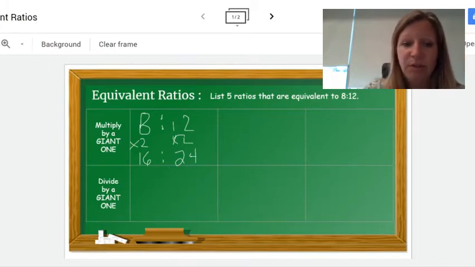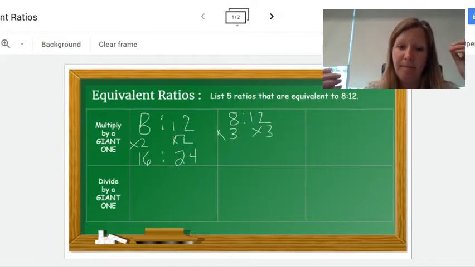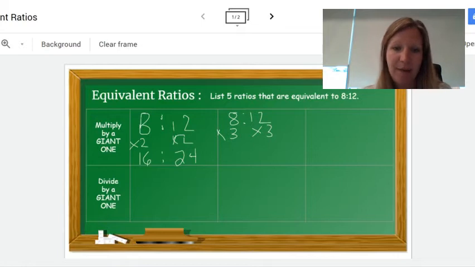Another thing I could do, so I have the ratio of 8 to 12. I could multiply maybe by 3. And as long as you're multiplying both pieces by the same number, then you're going to get an equivalent ratio. Again, it represents the same amount.